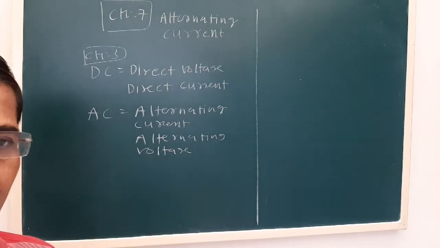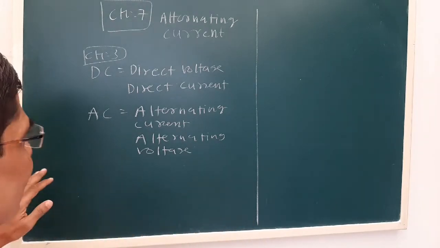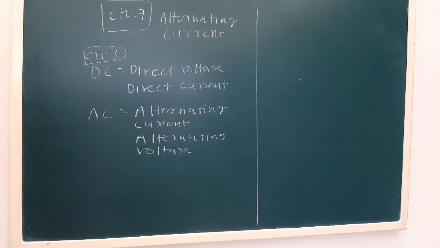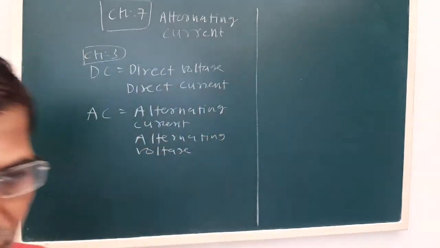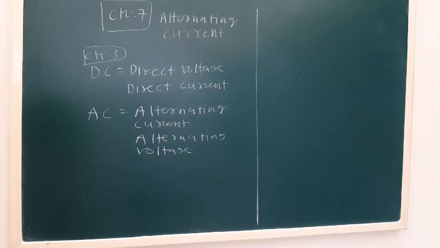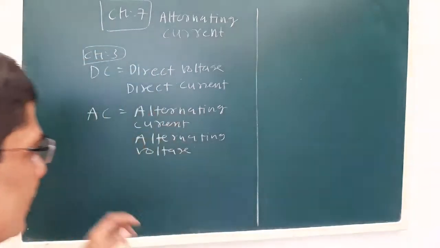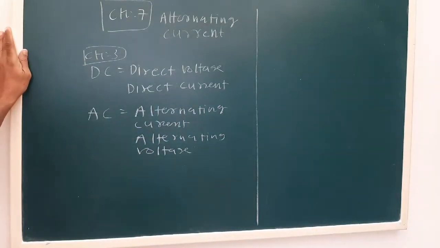Step up or step down is also very easy for AC current or voltage. Most of our household appliances also run on AC. So in this lesson we have to study alternating current or voltage in detail.